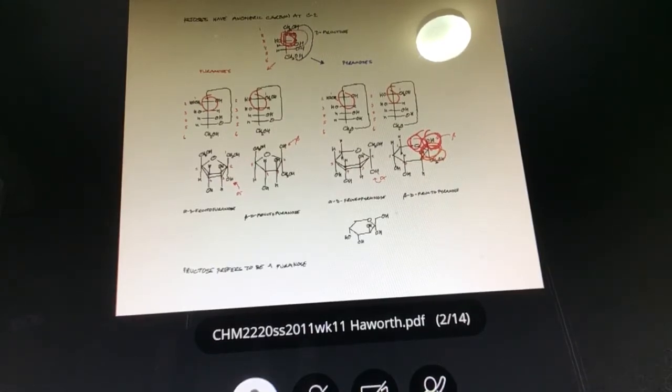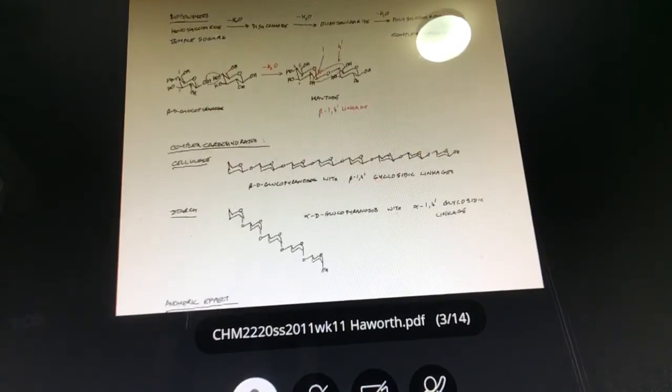The anomeric carbon used to be the carbonyl. When the molecule was in its straight chain, that's where the carbonyl was. And then that will lead you back to the Fisher projection, which will allow you to identify it from a list. Okay? So ketoses are a little bit more difficult to deal with than aldoses.